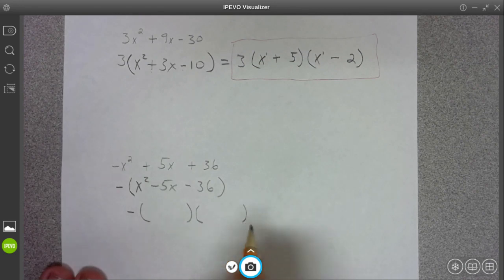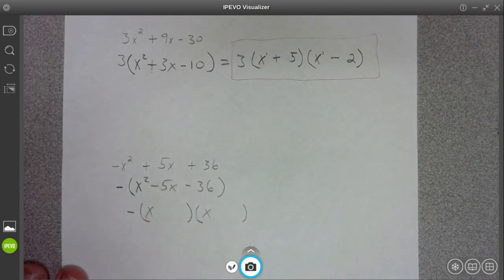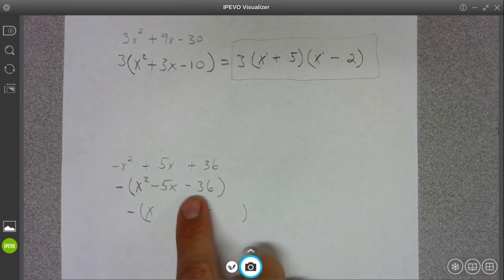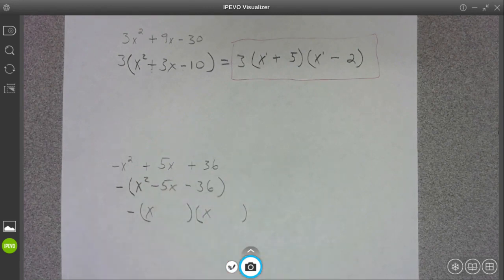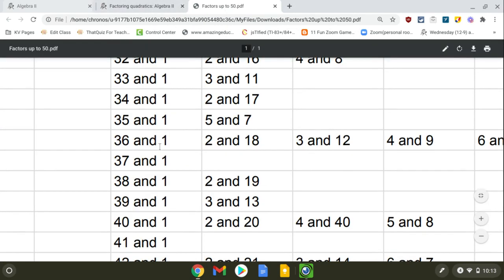I'm going to factor it into 2 linear binomials. I need 2 numbers that multiply to 36 and subtract to give me 5. They got to subtract to equal 5.